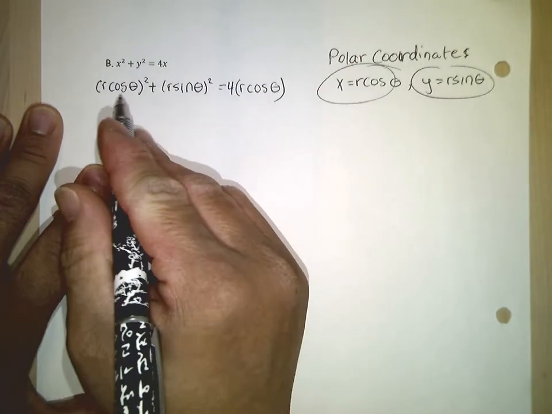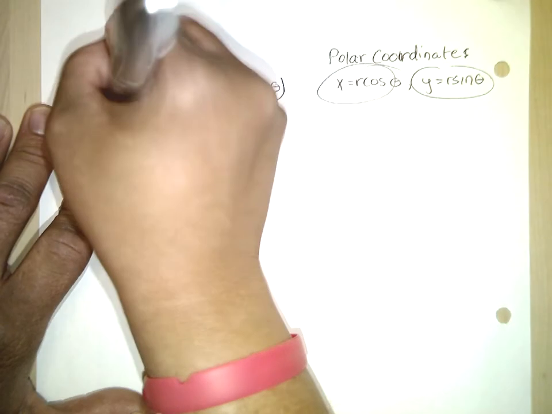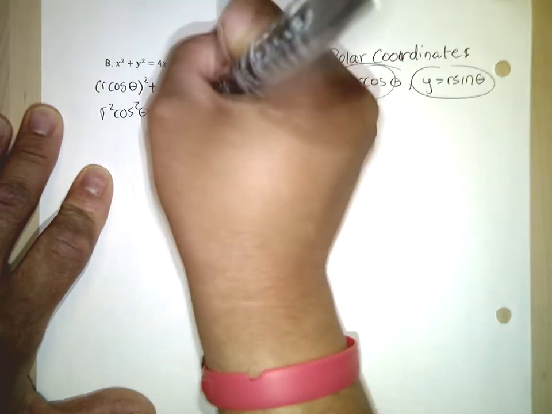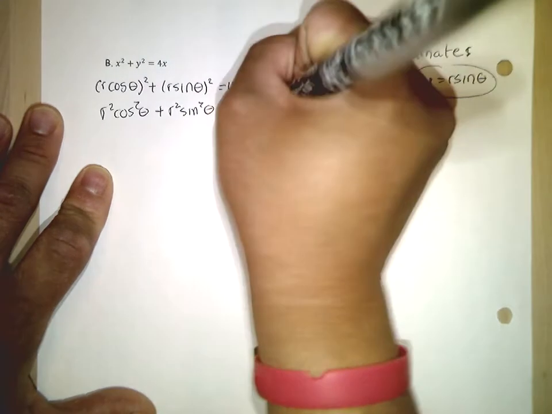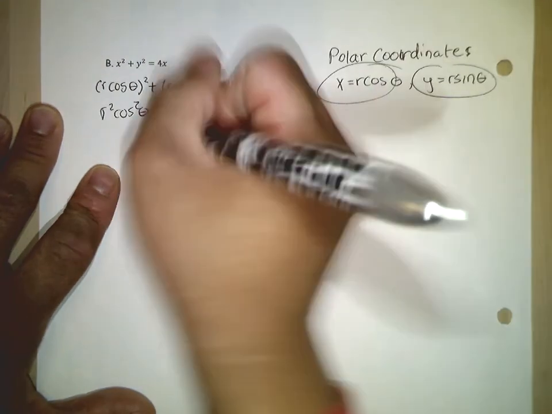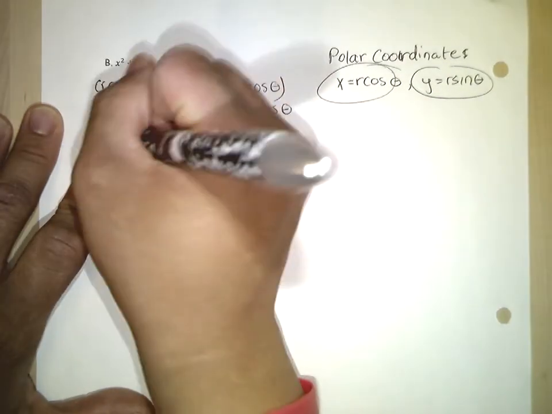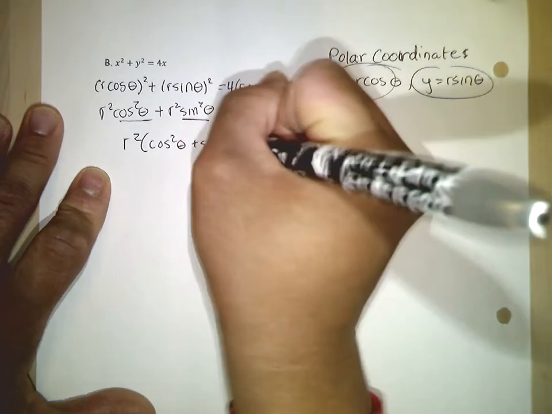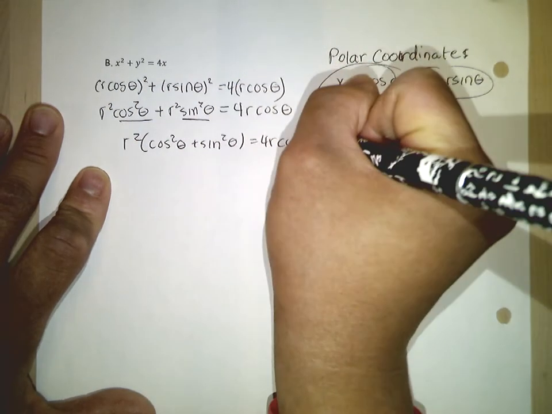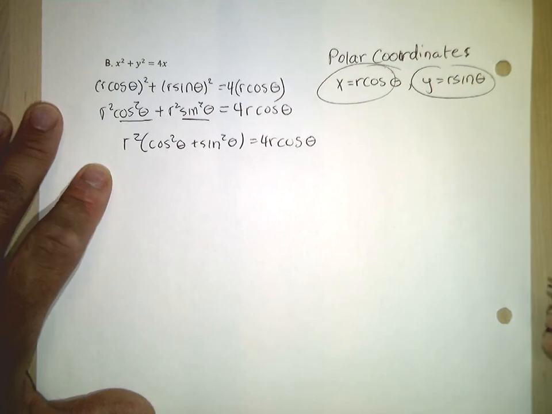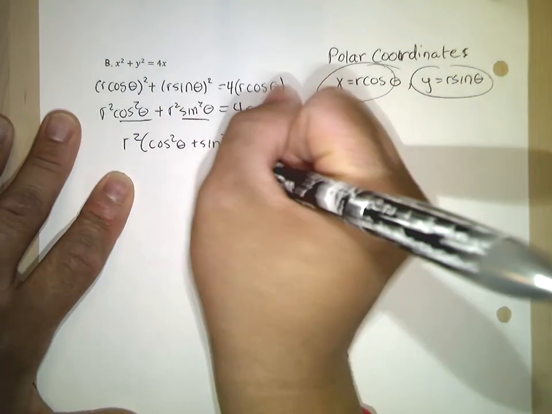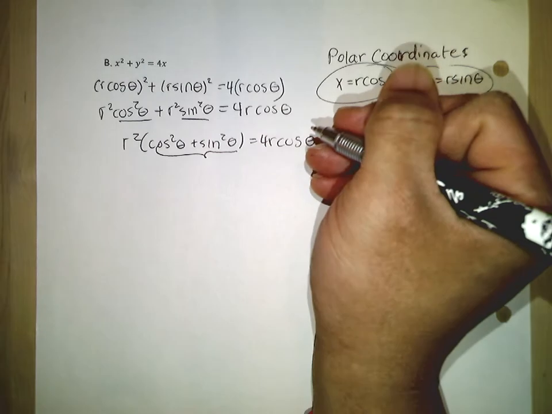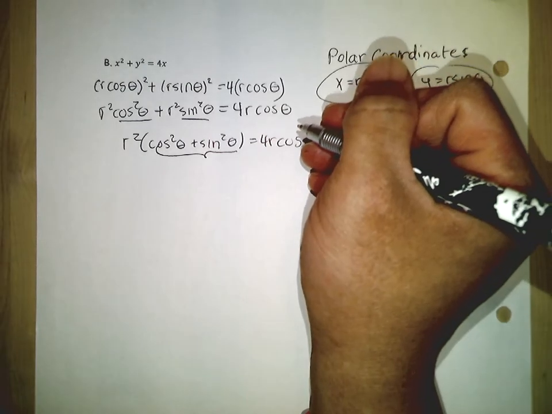I'll square this to get r squared cosine squared theta plus r squared sine squared theta equals 4r cosine of theta. Then factor out r squared to get r squared times cosine squared theta plus sine squared theta equals 4r cosine of theta. Then use the trig identity, sine squared theta plus cosine squared theta equals 1.